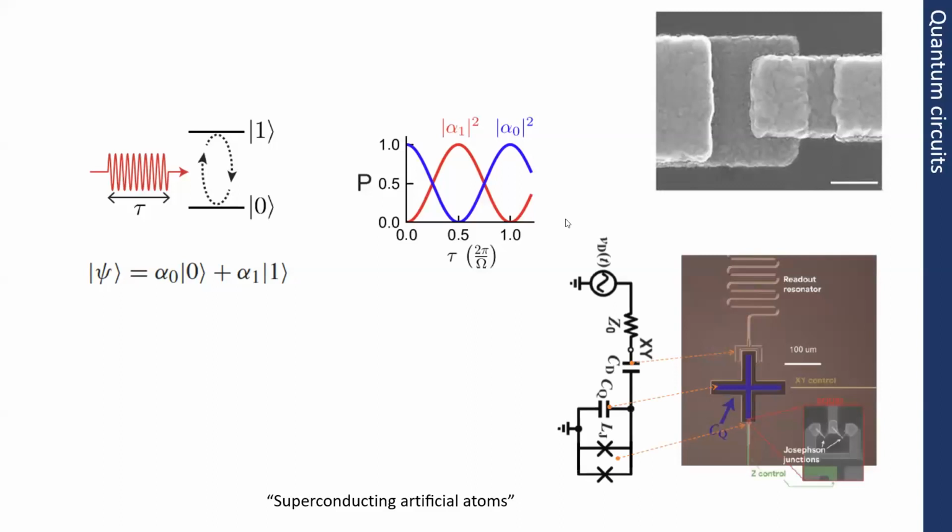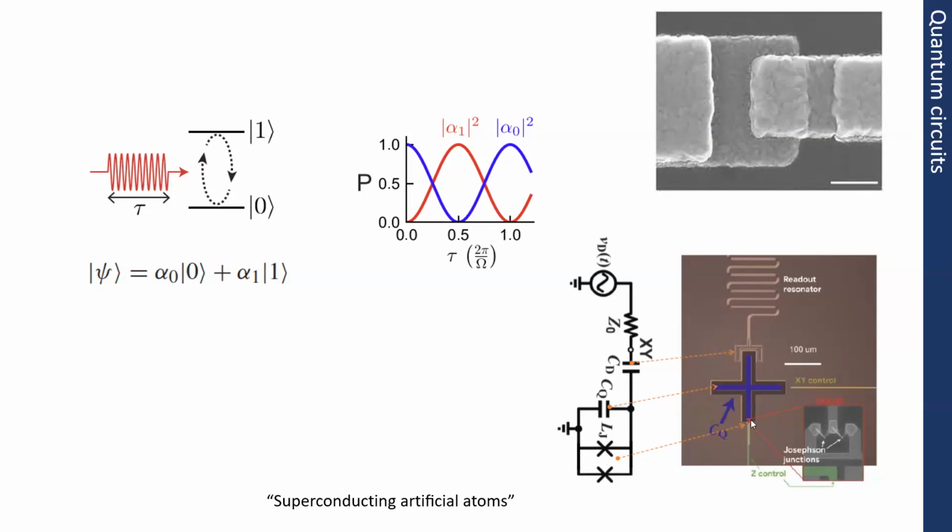Okay, so how in reality is this control realized? On this figure, all the way down on the right, you can see these Josephson junctions. It is a zoomed area over here.